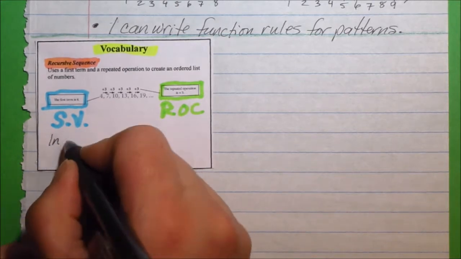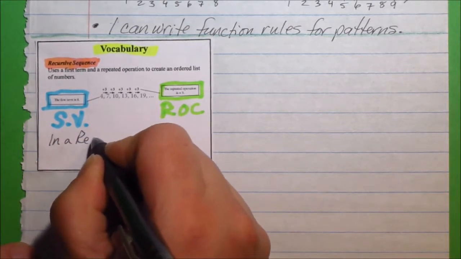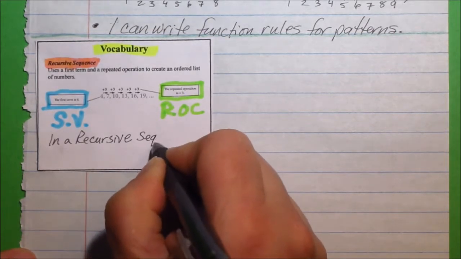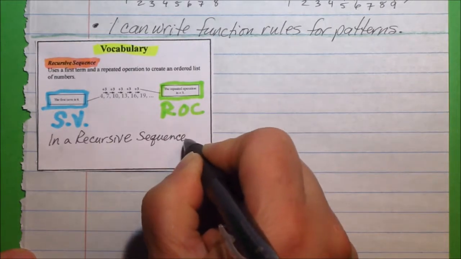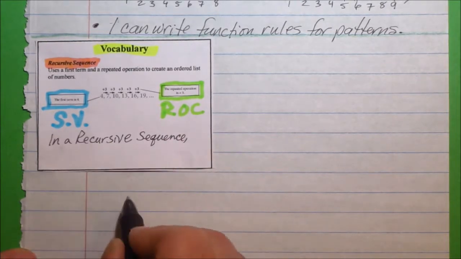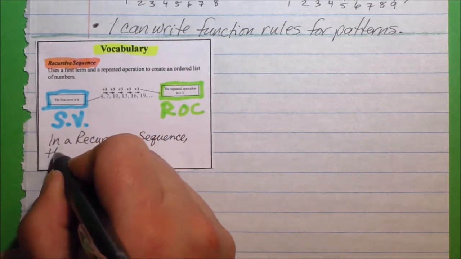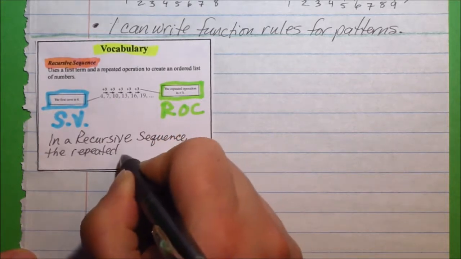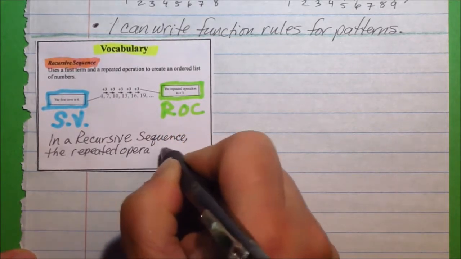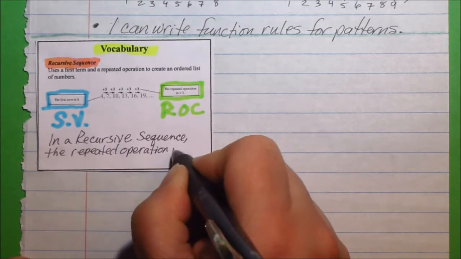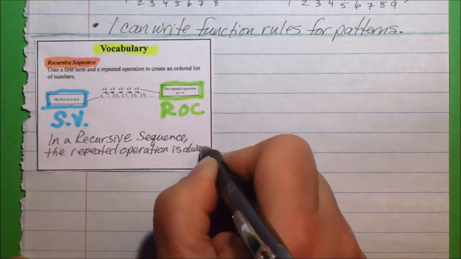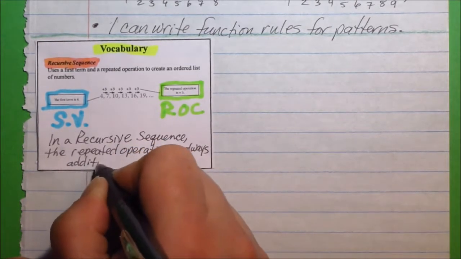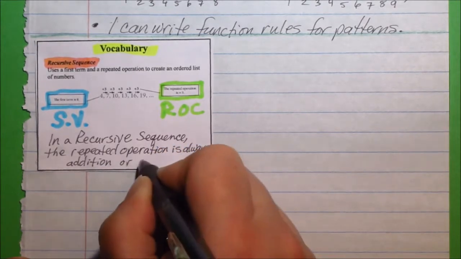All right, so real small, I'm going to write: in a recursive sequence, the repeated operation is always addition or subtraction.